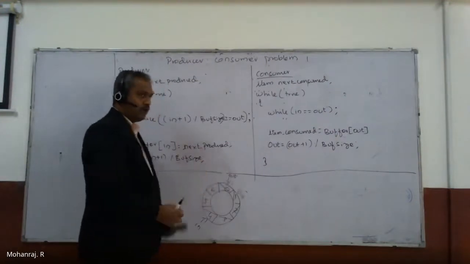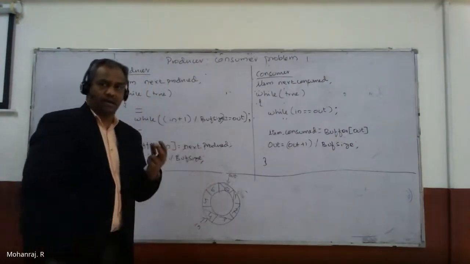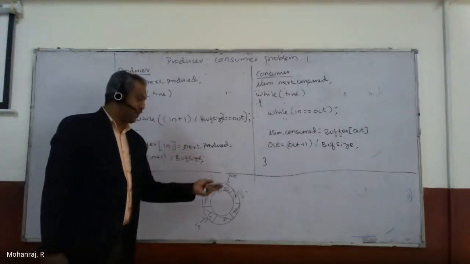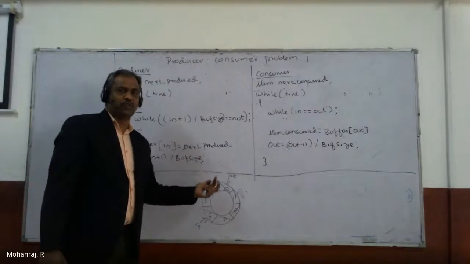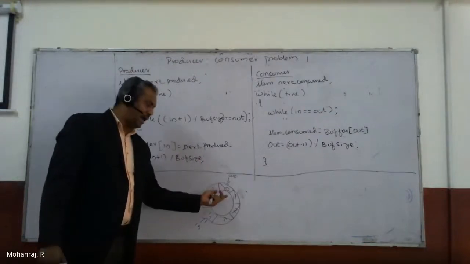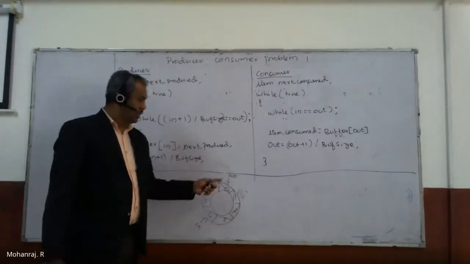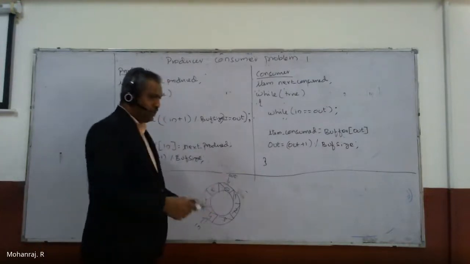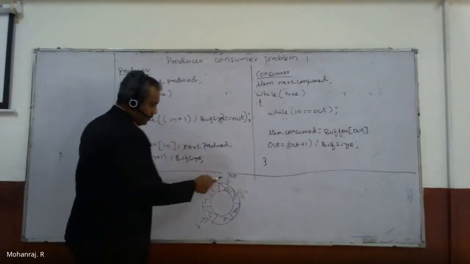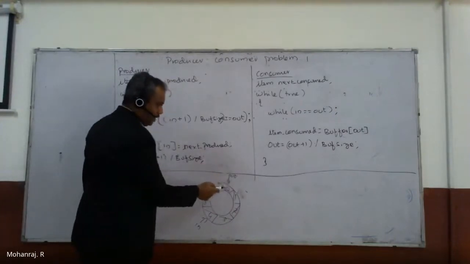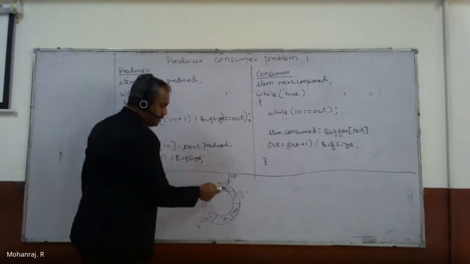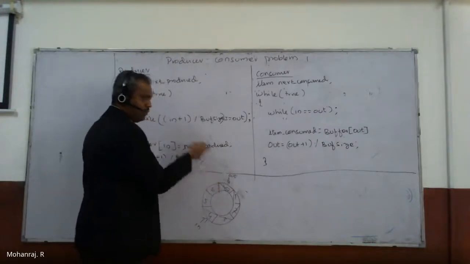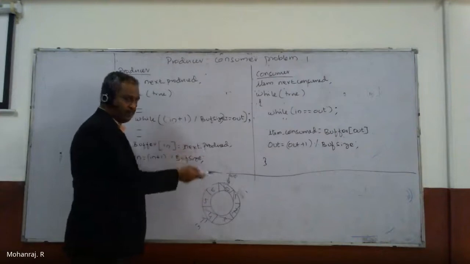This out gives a clue about which item can be removed. The item which entered this queue first is pointed to by out. So if we wish to remove an item, this item can be removed because the item placed at this area entered the queue very first. So this can be consumed or retrieved from this queue first.